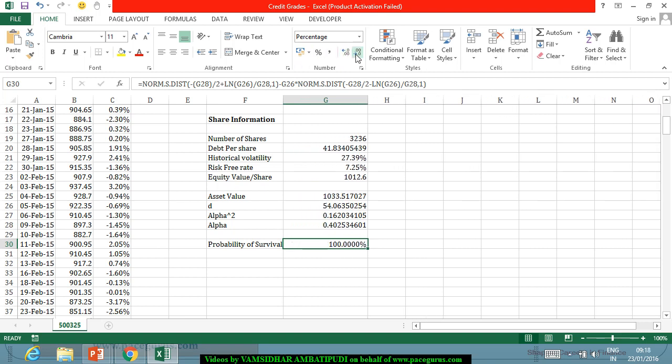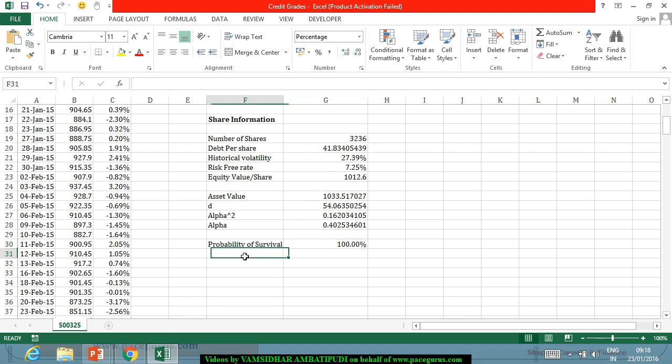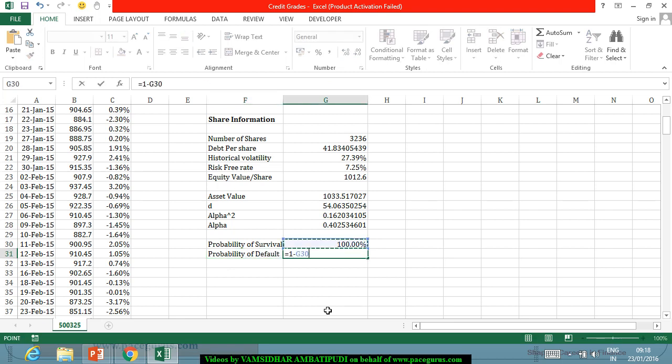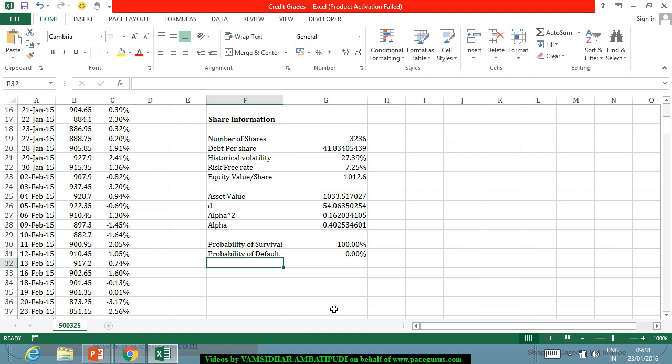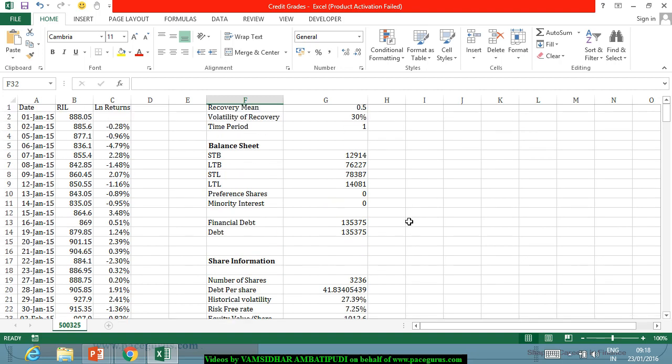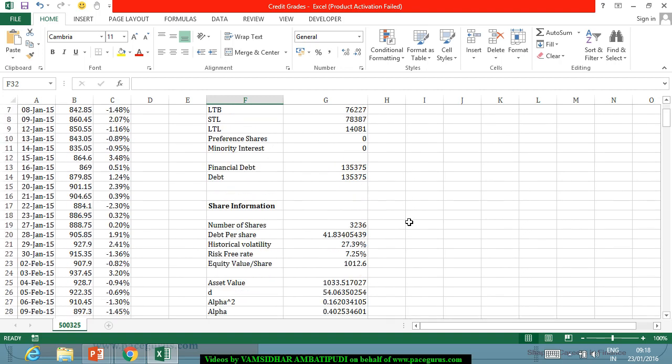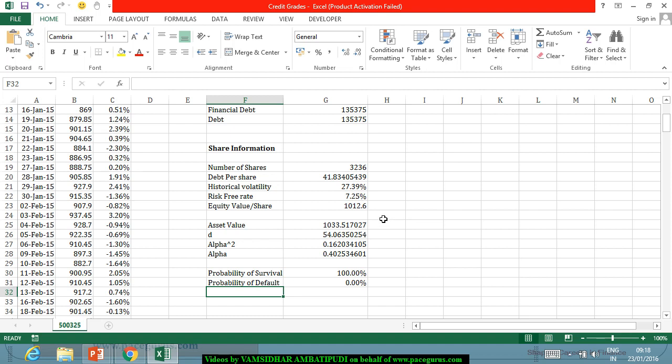The probability of survival is close to 1, which means the probability of default is 1 minus this. Now here also we can try out playing around with a very small equity value.